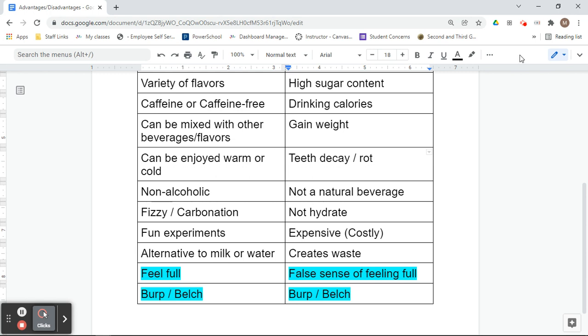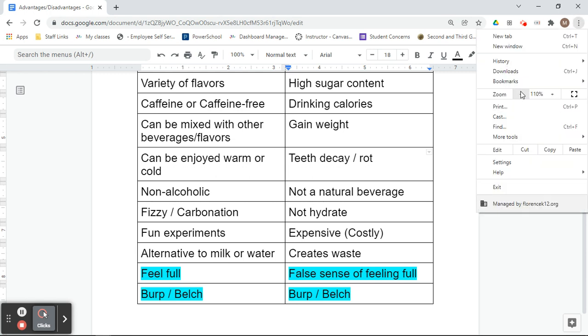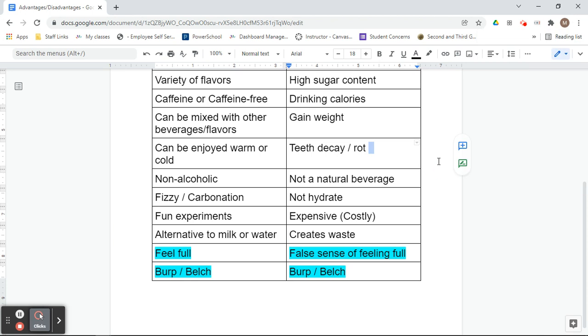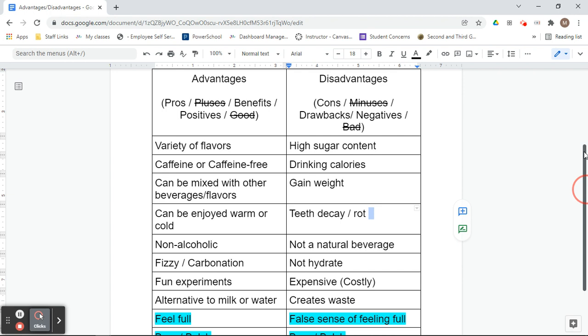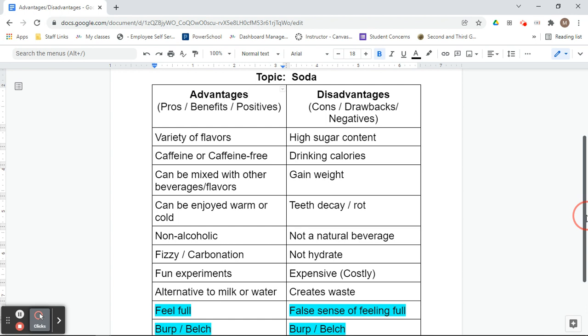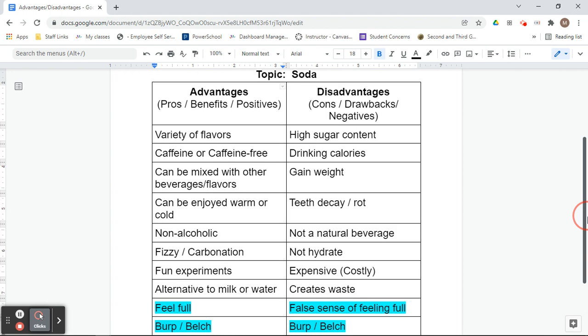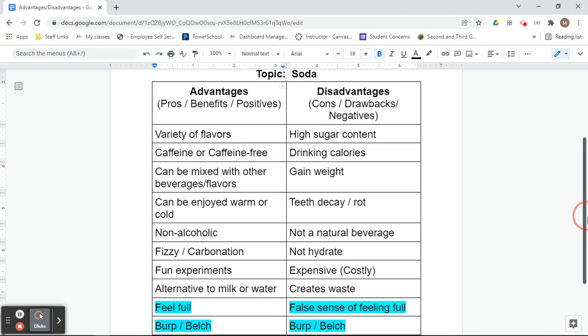So essentially, and I'm going to go ahead and minimize this, right writers, so we can start to see how creating a chart and looking at the advantages and disadvantages of something can definitely help you before we begin writing anything. And you can really begin to see, wow, I've got a lot of information here that I can use to write an essay. Not only can I write a paragraph, but I can definitely make an essay out of this.